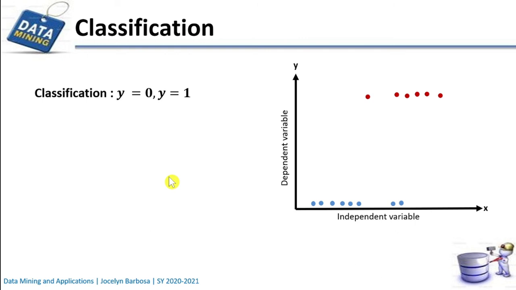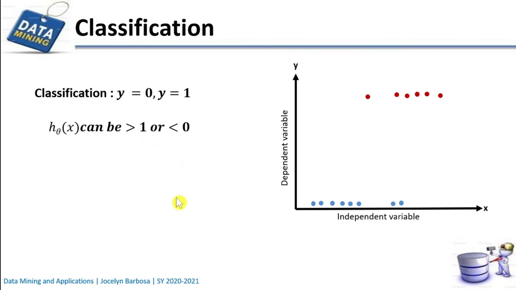But if we use linear regression, the hypothesis can output a value that is much greater than 1 or even much lesser than 0, even if the training samples are labeled 1 or 0. So it might be possible that if you train on data sets that are labeled 0 or 1, it can still give us a predicted value y that can be way greater than 1 or even lesser than 0.